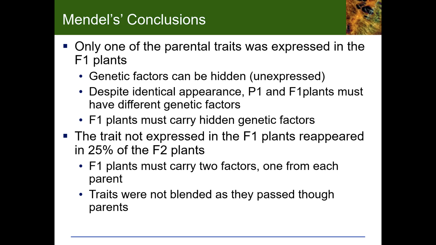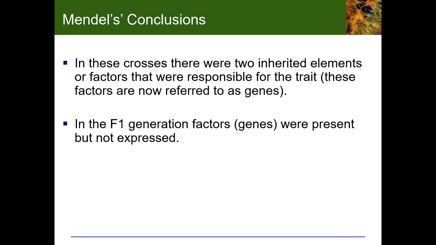So the F1 plants must carry some hidden genetic factors. The trait not expressed in the F1 plants reappeared in 25% of the F2 plants. So that meant that the F1 plants must carry two factors, one from each parent, and that the traits were not blended as they passed through the generations.